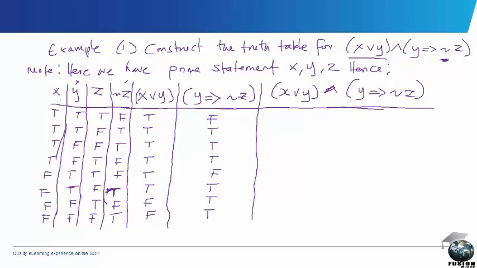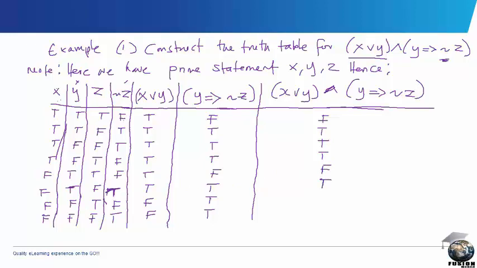And so look at this. Okay, so for these two, true and false, what happens on the and? It is false. For true and true, it is true. For true and false, it is false. For true and true, it is true.